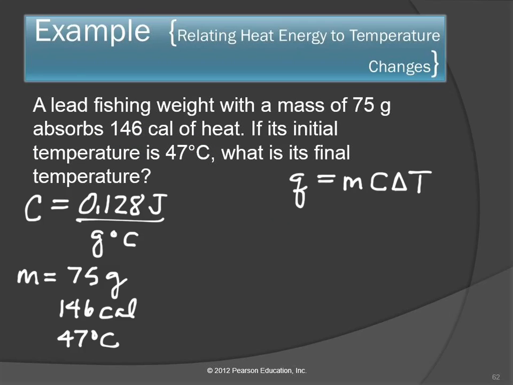So that is Q. And this 47 degrees Celsius is obviously a temperature. Is that the initial or final? That's the initial. So this is Ti. And what are we trying to find? We're trying to find the final temperature. So I'm going to write TF equals question mark. That's what we're trying to find.